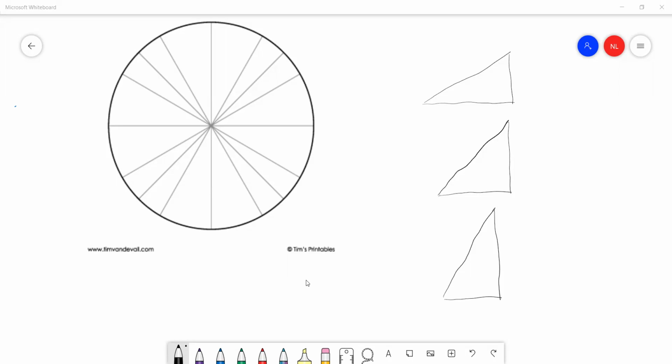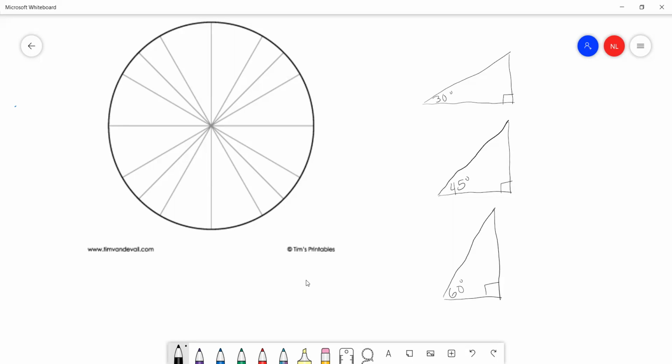So let's go ahead and begin with looking at these special right triangles I have over here. Let's say this one is at 30 degrees. It's a right triangle. And this one's at 45 degrees. It's a right triangle. And this one is at 60 degrees. Again, you can ignore the circle right now.